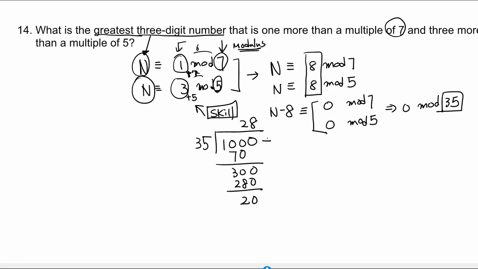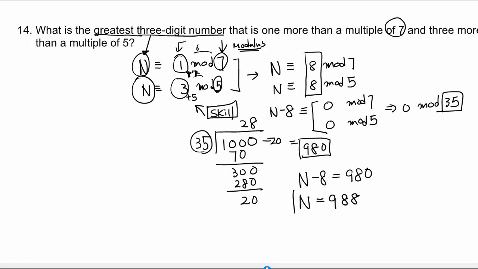So when you take off 20, 980 is a multiple of 35, right? So n minus 8 equals 980. What is the value of n? The largest 3-digit number will be 988. That is the answer. We need some skills to make the same number 8.